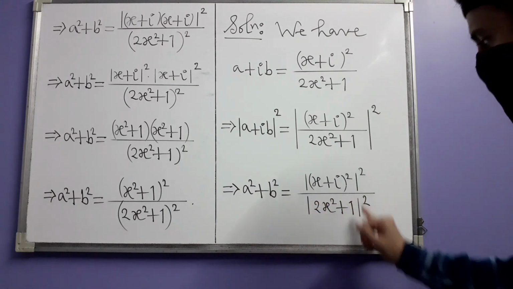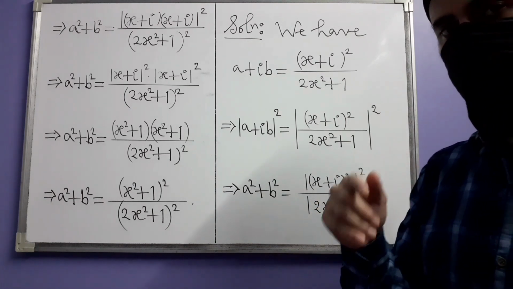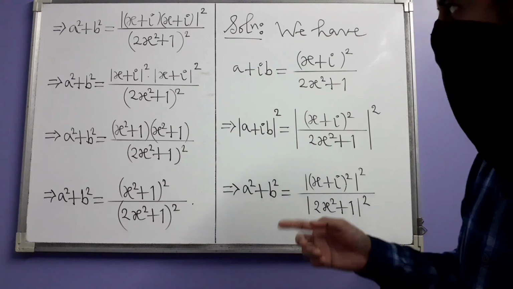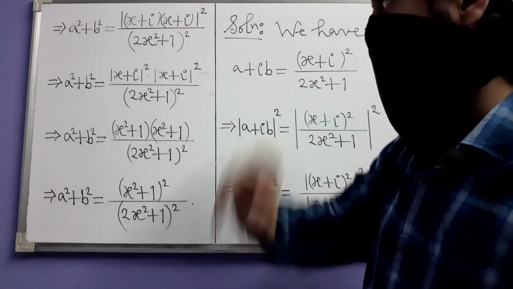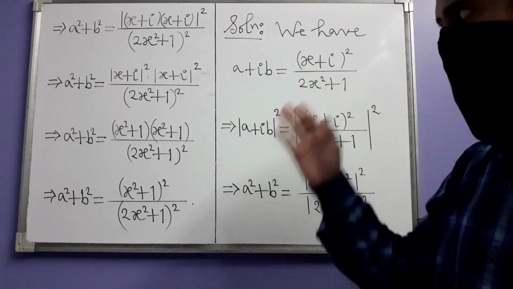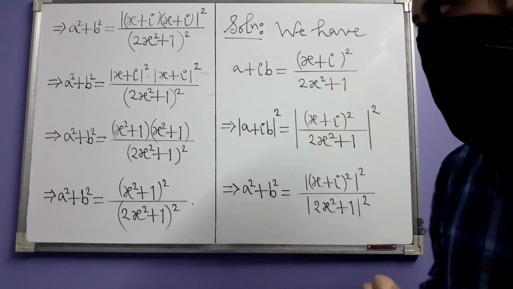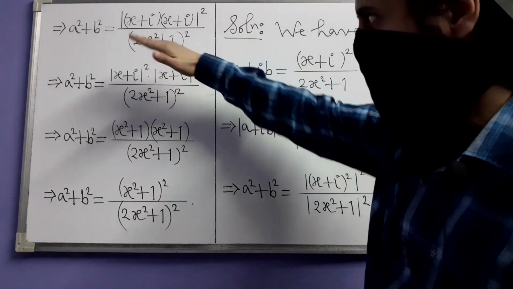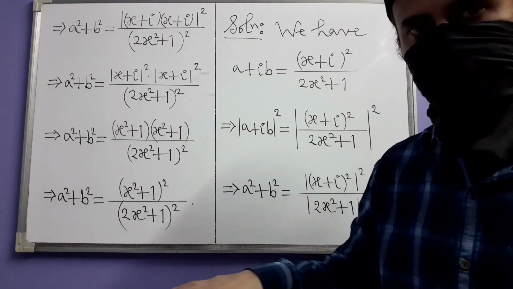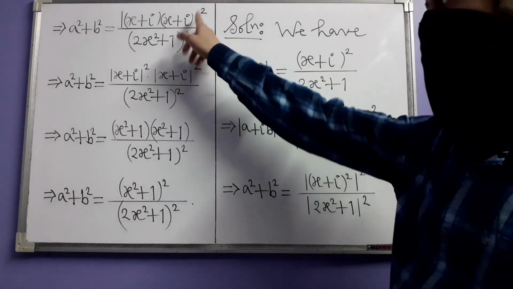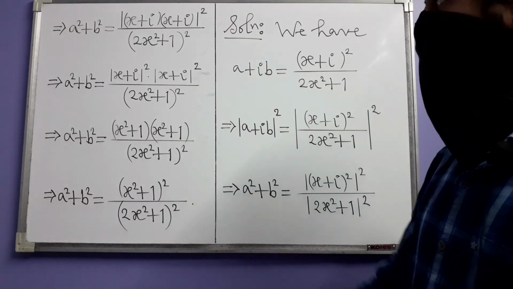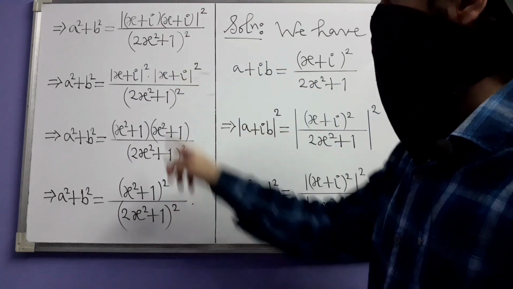So its modulus will actually be equal to itself, and already there is square, so (2x square plus 1) whole square. So that way you go back and see the statement of the problem. This is what you need finally as your denominator. So all we now have to do is to manipulate the numerator, and here next what do?